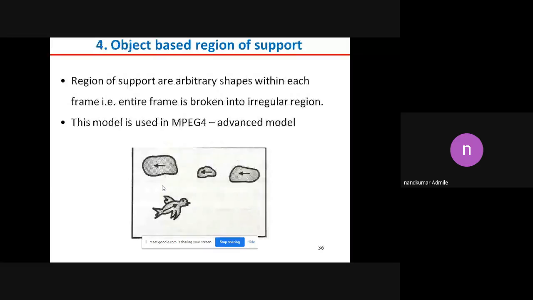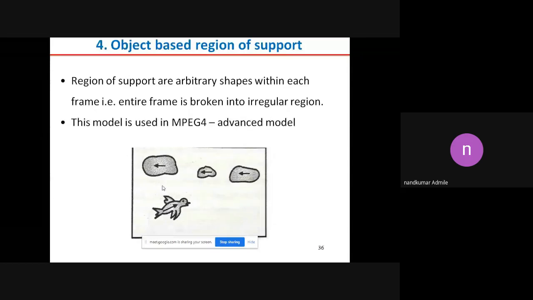And the last one is an object based region of support. In an object based region of support we can consider different objects, so where the object is present, that object can be represented with a particular pixel.